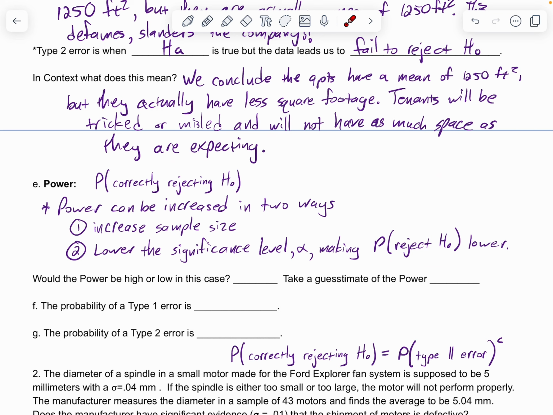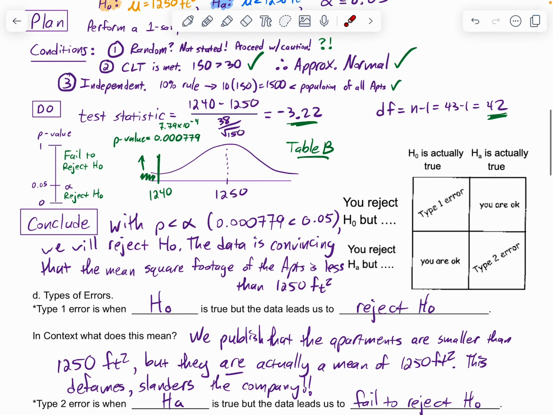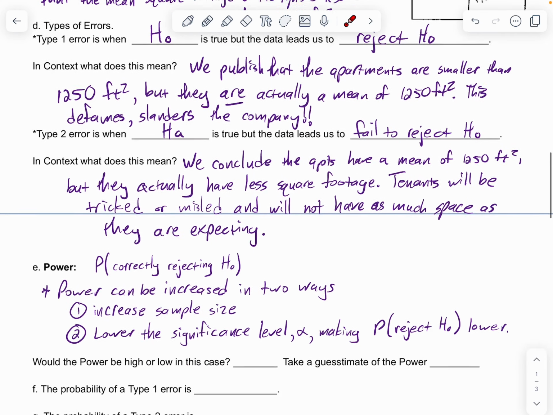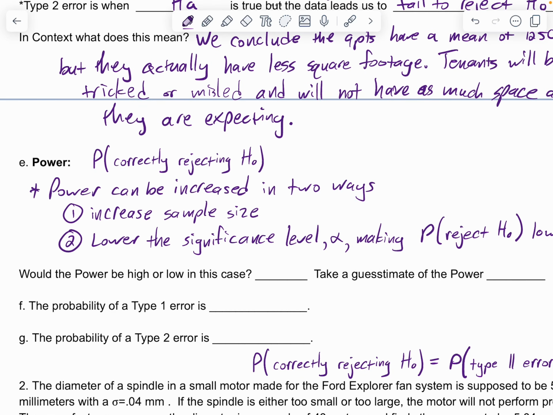Would the power be high or low in this case in particular? When you get such a small test statistic that's way out here, you feel like you're pretty good here. Like, I feel like I am correctly rejecting the null. The probability of being correct in the rejection is really, really high.